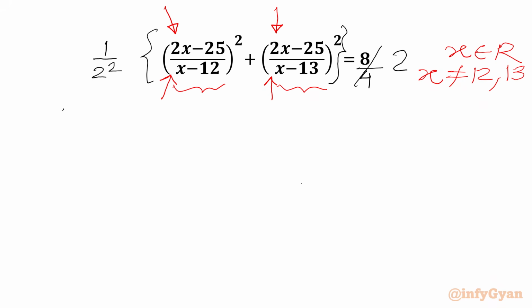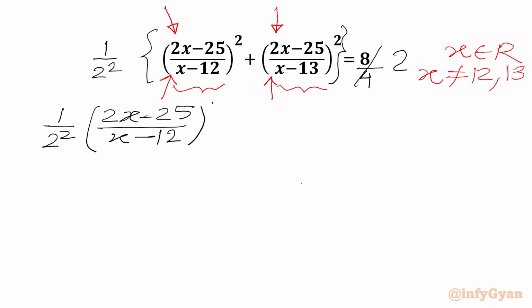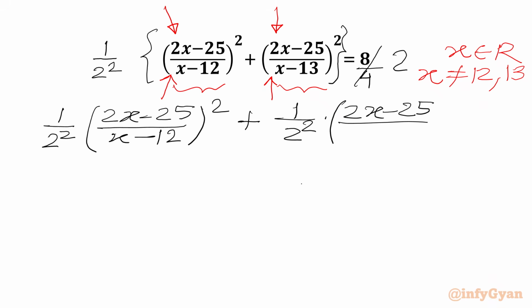We will write our equation 1 over 2 square times 2x minus 25 over x minus 12 whole square plus 1 over 2 square times 2x minus 25 over x minus 13 whole square equal to 2. Now we can multiply our bases as our exponents are same.